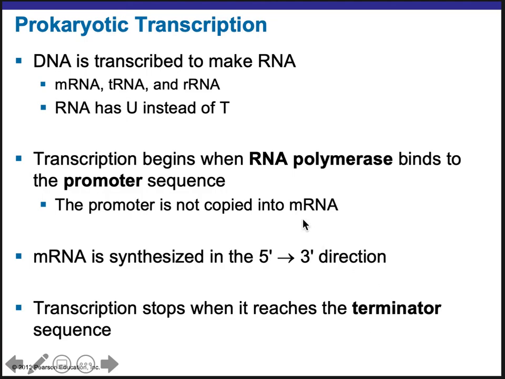Okay, the promoter is immediately before the sequence that codes for the protein product, right? The RNA polymerase can do the job of opening up the double helix itself. We don't need all the additional stuff that we saw with DNA replication.